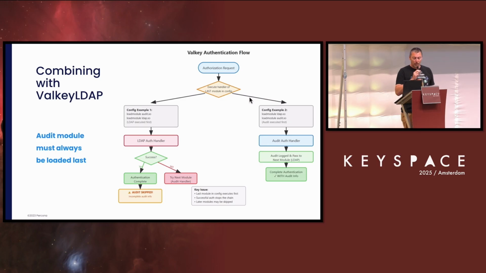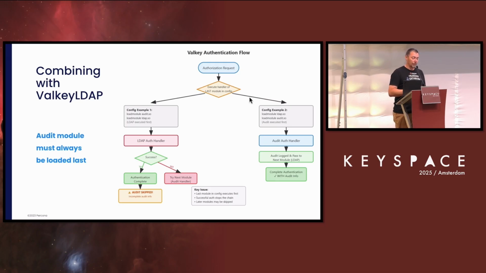So this is the thing that Dimitri mentioned as well. With module loading, the order in which you load modules is important, and that applies to command filters and to authorization. Let's say a customer runs both LDAP and auditing.